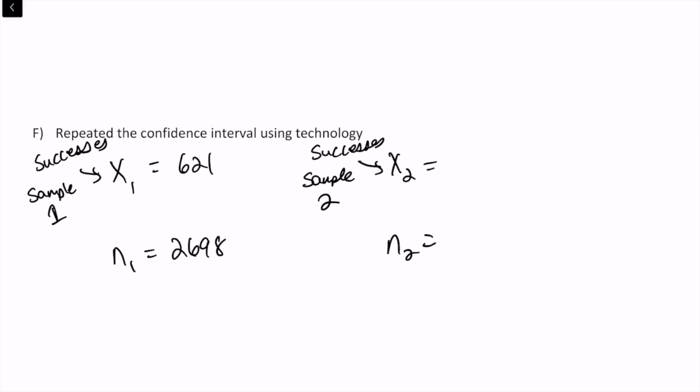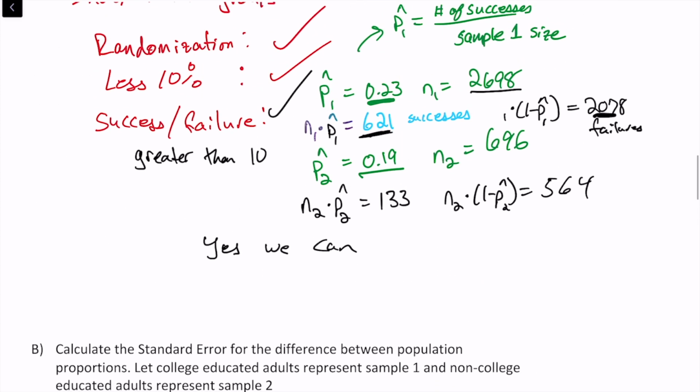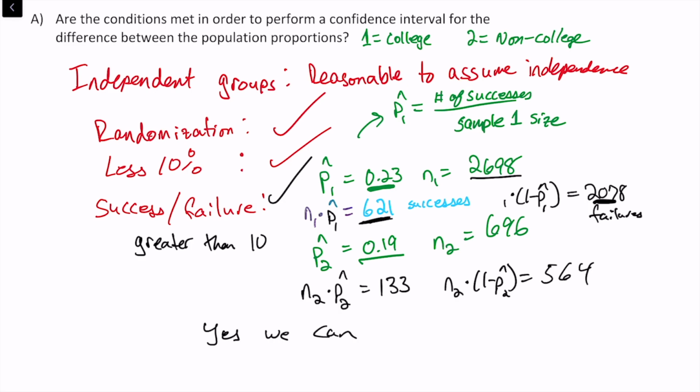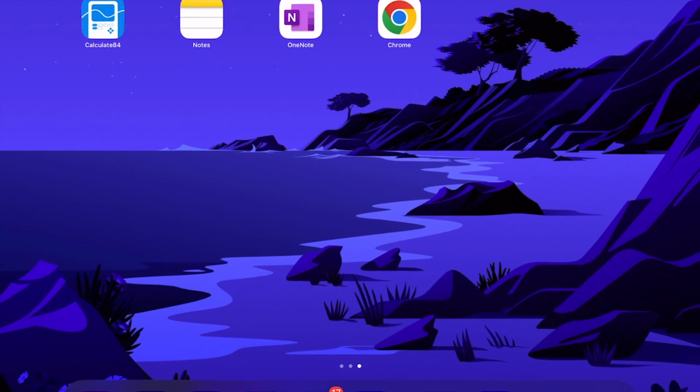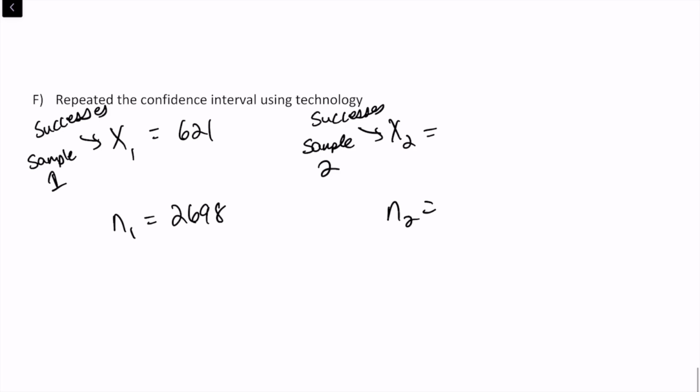Let's grab the values for the second sample. What were those number of successes? N2 times P2 hat, that's 133. And our sample size was 696. So 133 and 696. Once again, remember, sometimes these X values, the successes, are given to you directly. Then you could just go straight to the calculator. But this time we had to figure out what those successes were.